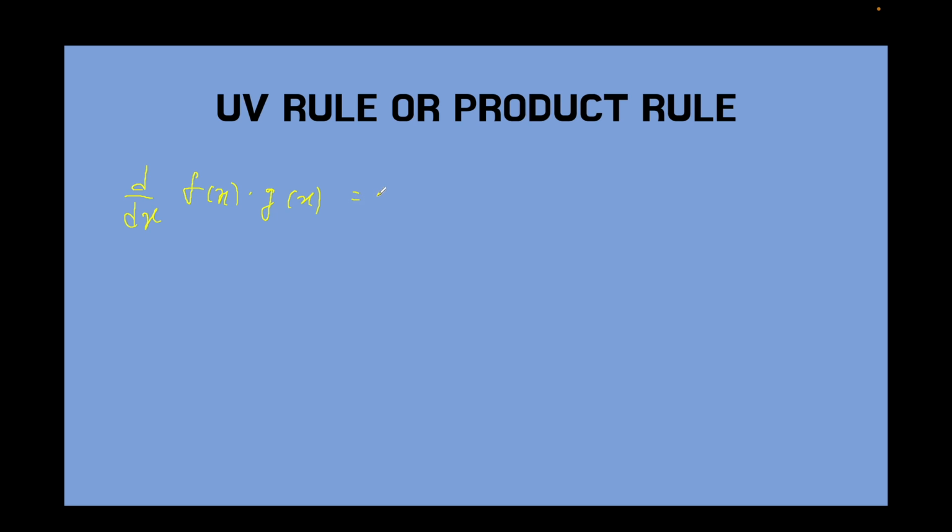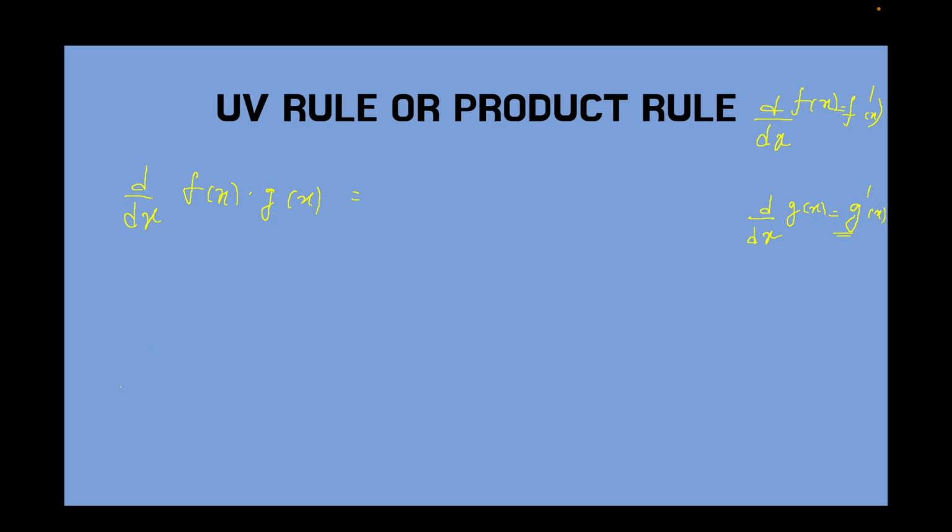We will see. I will write d by dx of f of x as f dash of x and d by dx of g of x as g dash of x.